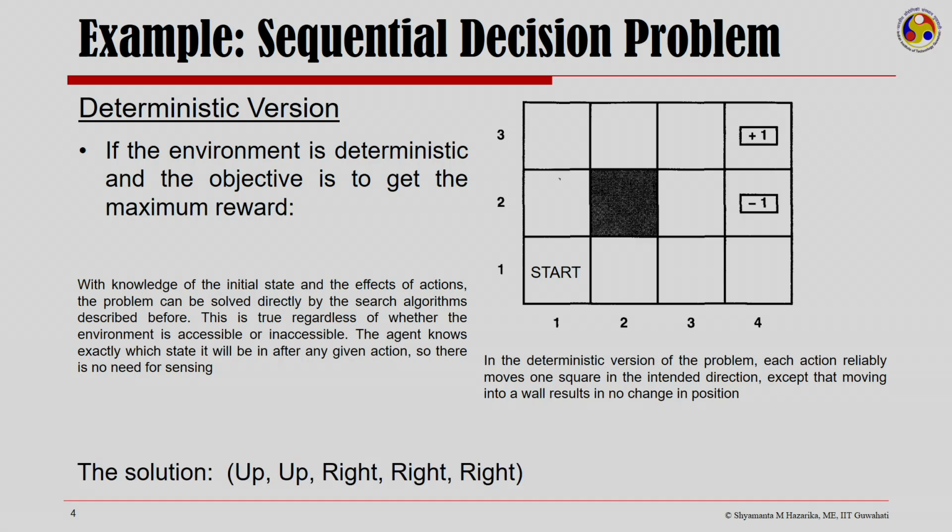In such a scenario, the solution is to move up, and thereafter move to the right one time, a second time, and the third time, which would bring me to the goal.